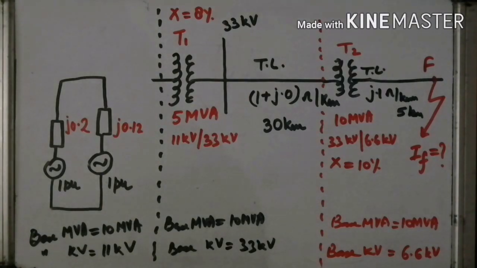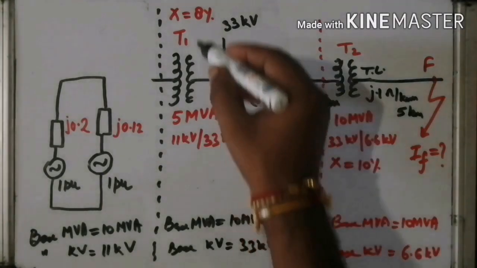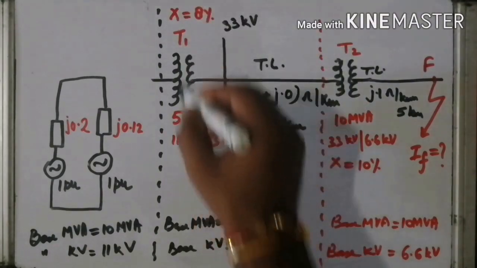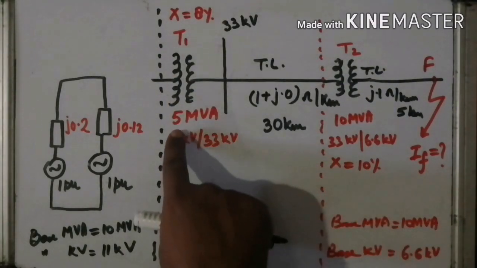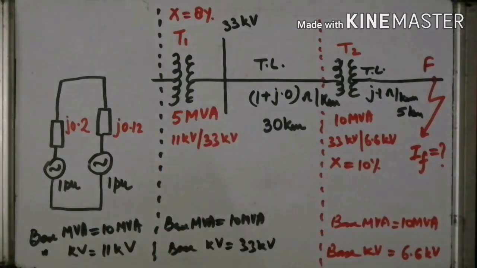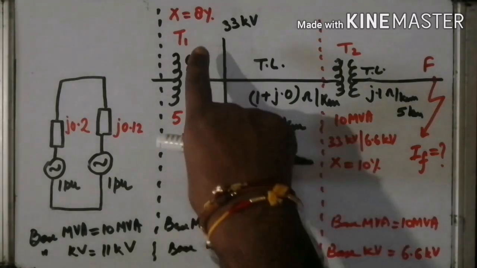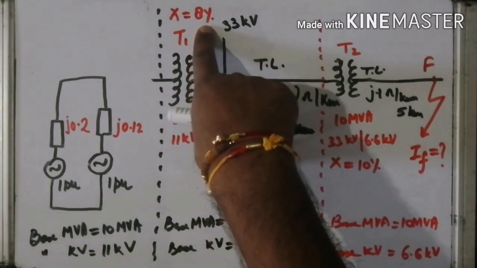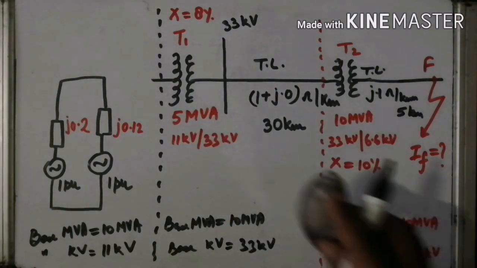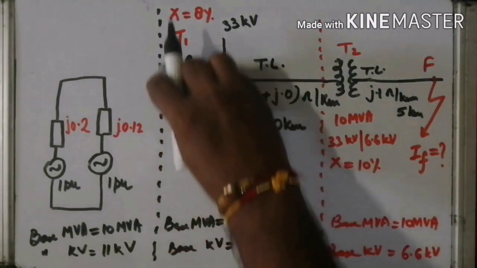After that, see this portion, transformer number 1. Transformer number 1 having the rating of 5 MVA, but here base value is 10 MVA. That's why in the place of 8% we are going to take as a 16%, right? 16%.